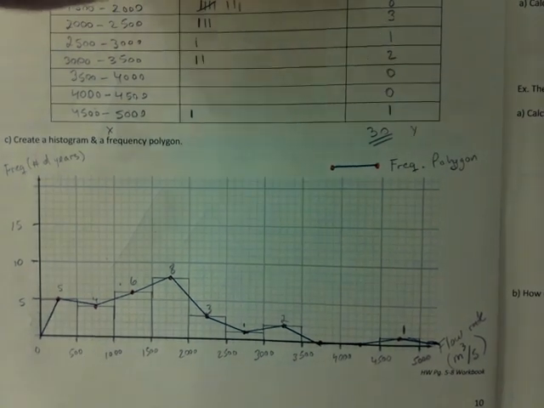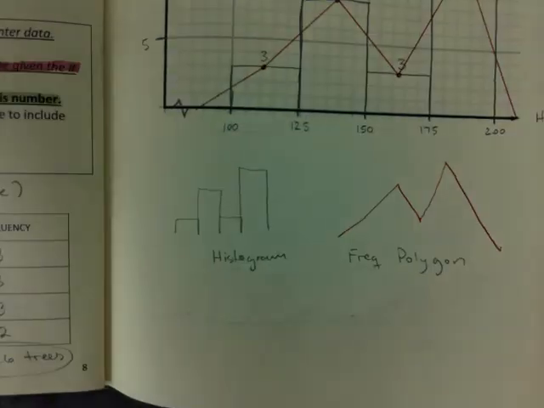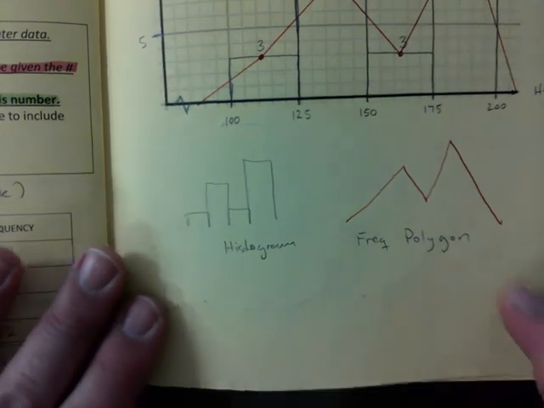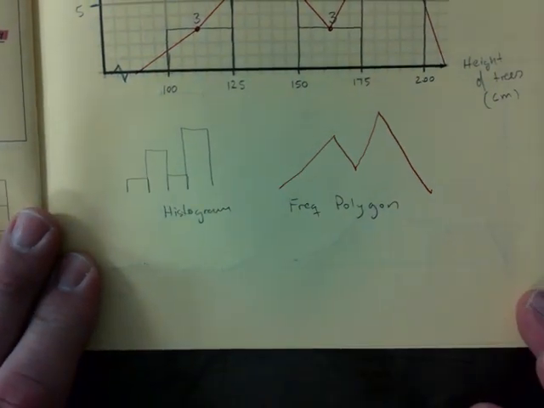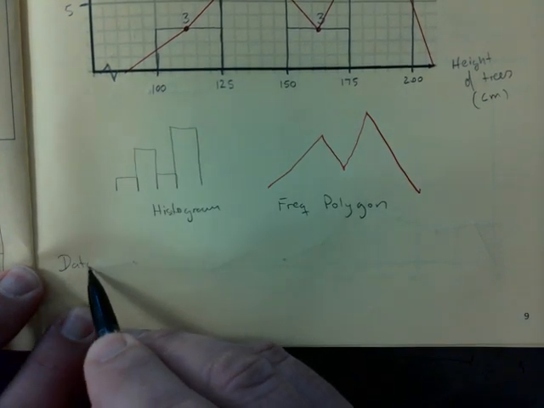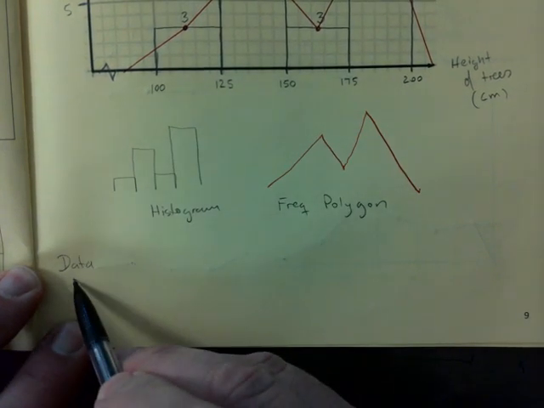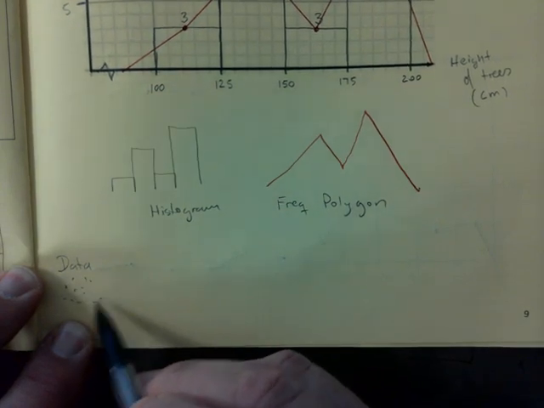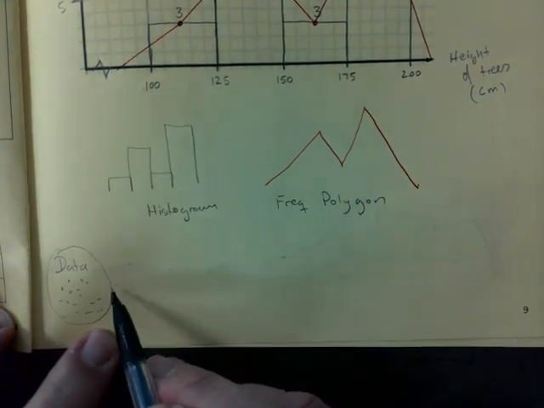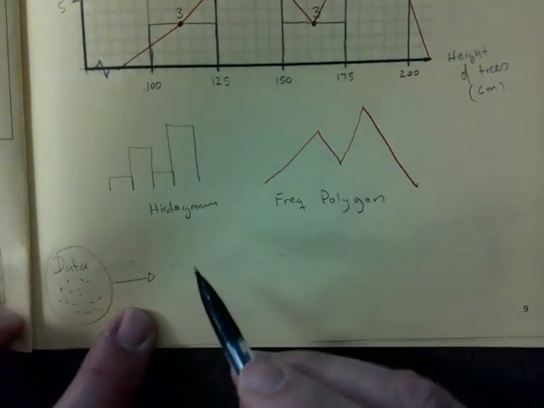So I want to say one more thing. Let's go back a page to page 9. And at the bottom of page 9, you should have a little bit of space there. I'll just tell you this to summarize, right? You have a bunch of data, just a bunch of numbers all over the place, not organized, not arranged. We take that, we turn it into a frequency table.